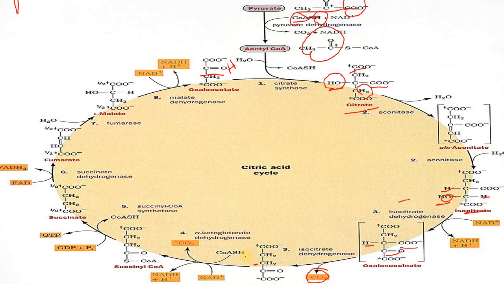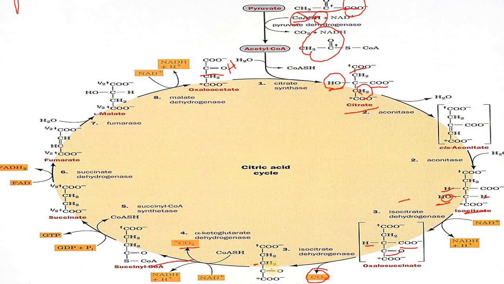So the next step is going to be catalyzed by one more dehydrogenase, that is alpha-ketoglutarate dehydrogenase. Here we need a product of succinyl CoA, which means that there has to be an addition of a CoASH group, and CO2 is being removed. Since this is a dehydrogenase, we need an electron acceptor, that is NAD plus.